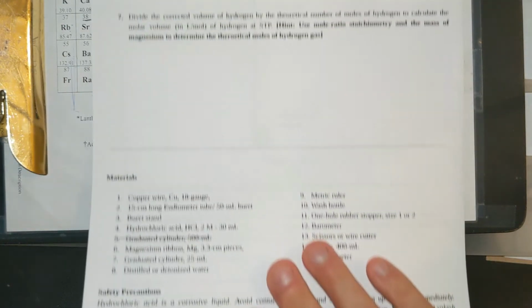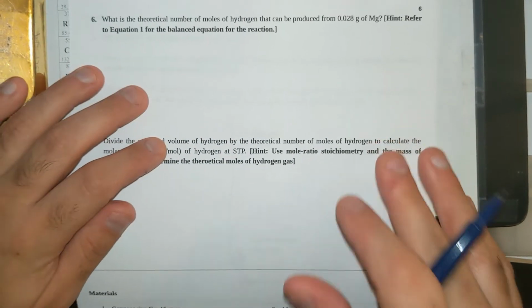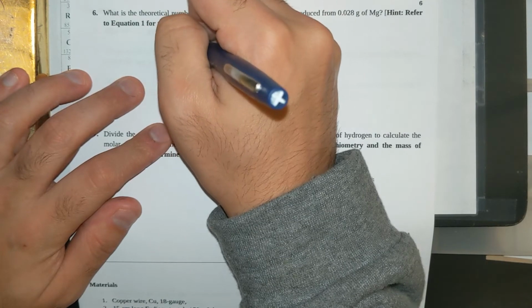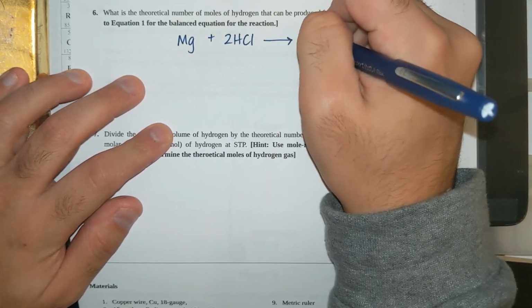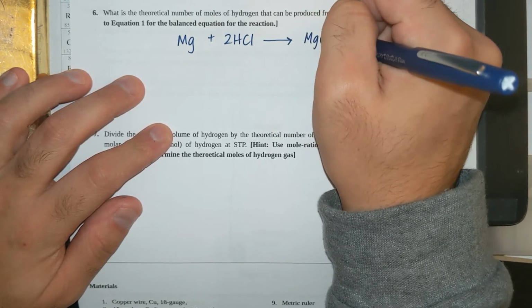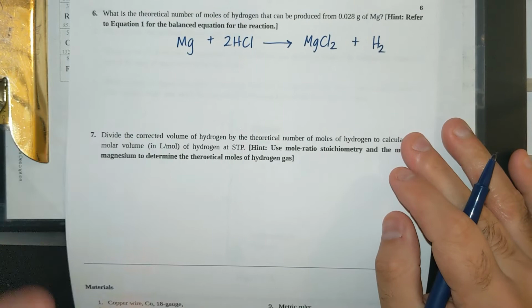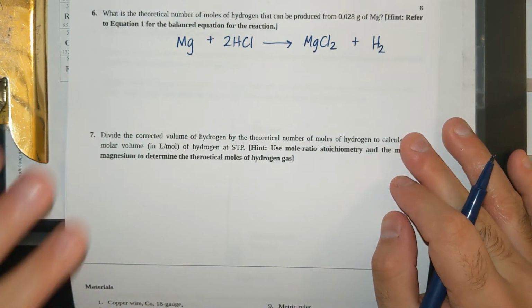And then for question 6, it says, what is the theoretical moles of hydrogen gas using the correct balanced chemical equation? Mg plus 2HCl yields MgCl2 plus H2. This is a throwback to summer work and stoichiometry, and we're going to go back to stoichiometry in Unit 4.